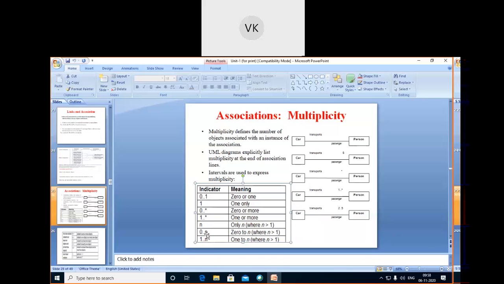But here 0 to n is there, I don't know the value of n. Okay, with a specific value of n it can hold 0 to n, where n is more than 1. Here you see 1 to n. So all these notations we are going to use for describing the links and association between the classes and the object diagrams.